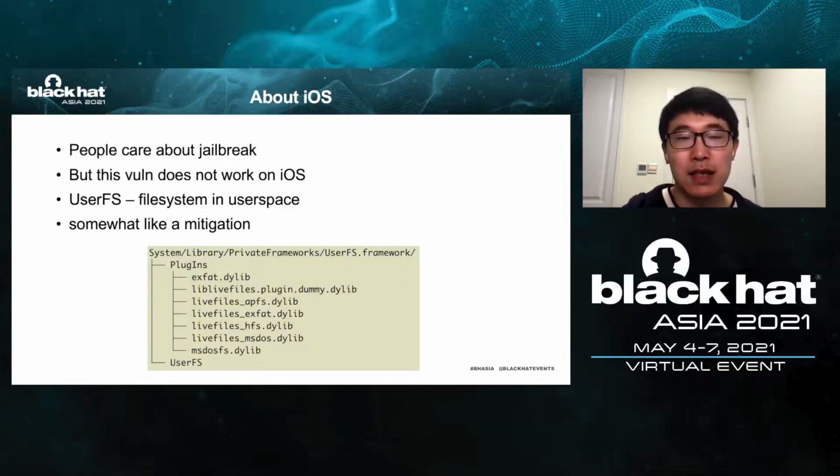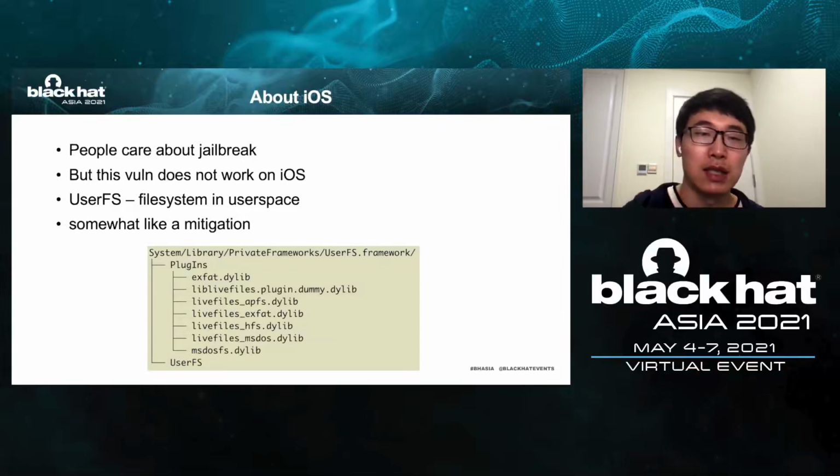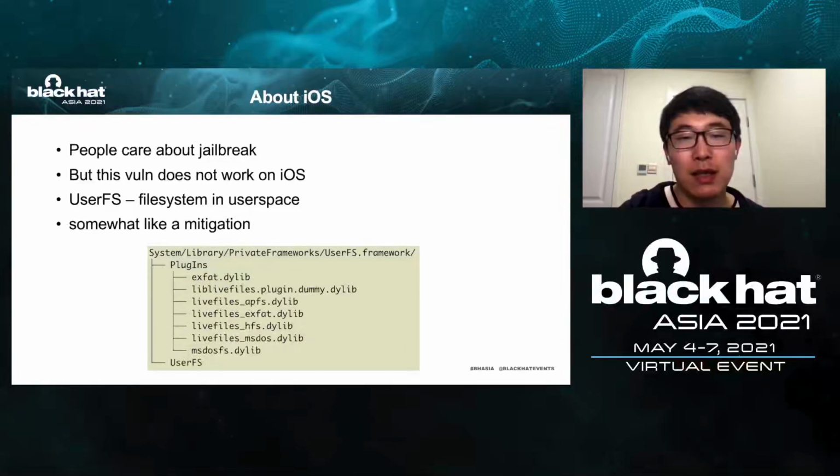Although iOS and macOS share the same kernel code, there are still differences in implementation. iOS has commented out the XATTR compatible code. iOS has introduced a new mechanism to support the Files app on iPhone, that is UserFS.